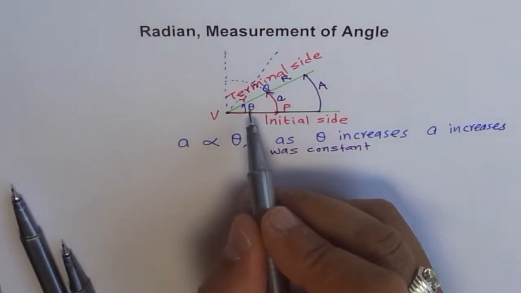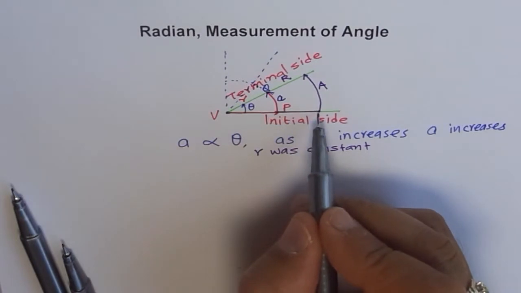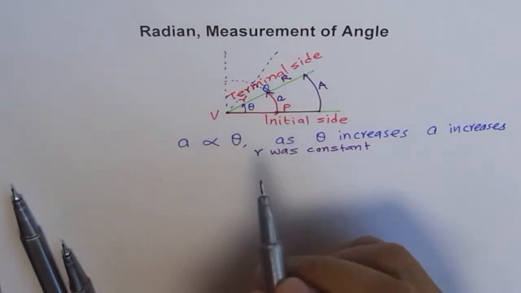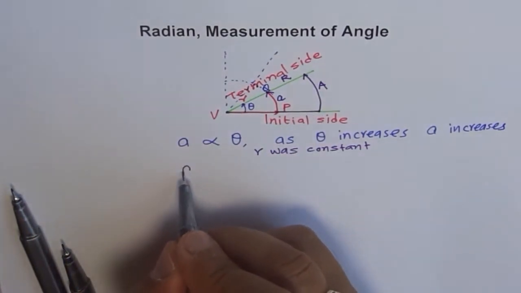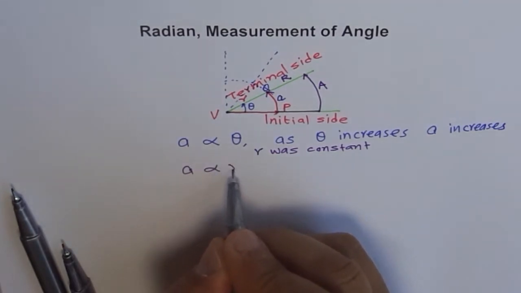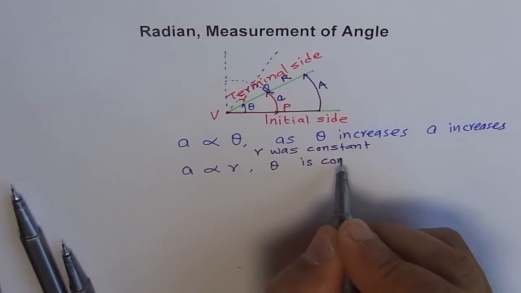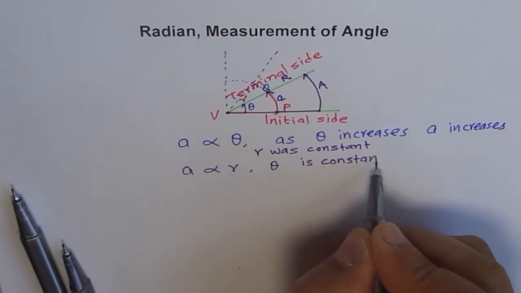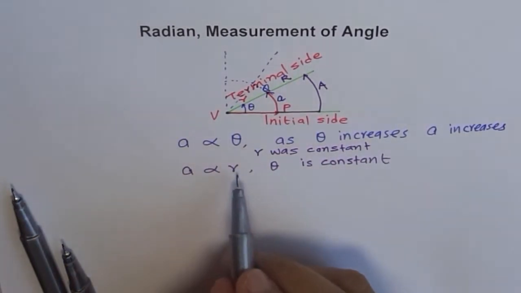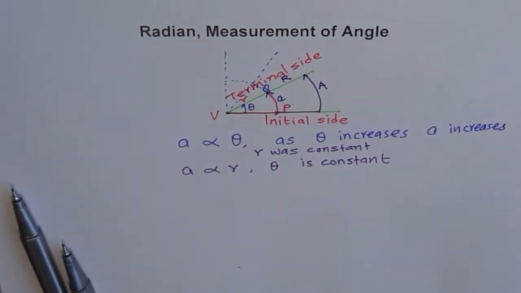In that case, we observe as r increases, my arc length also increases. That means A is proportional to radius if theta is constant. Correct? So as r increases, A also increases.